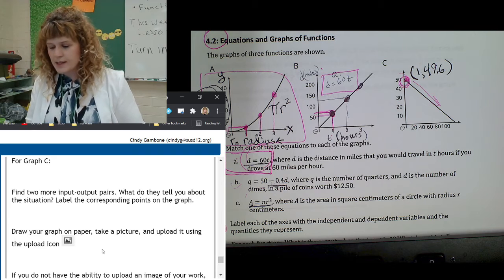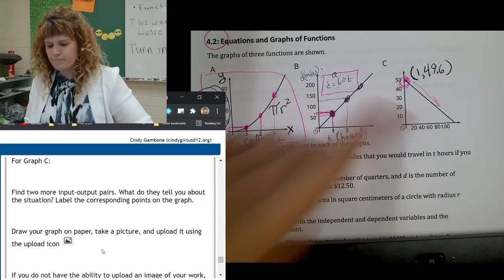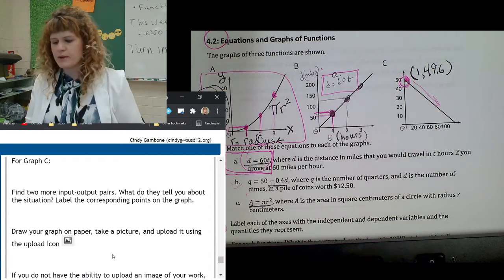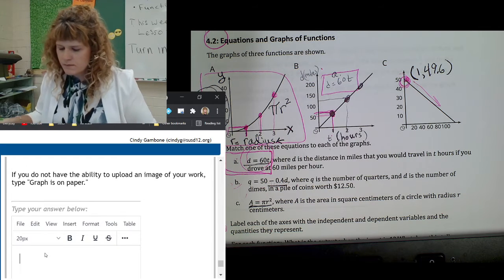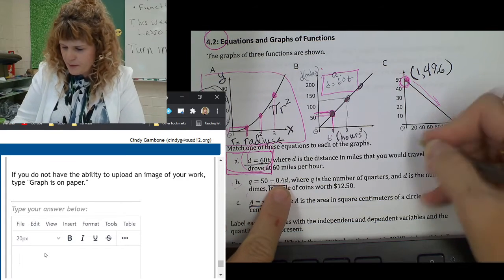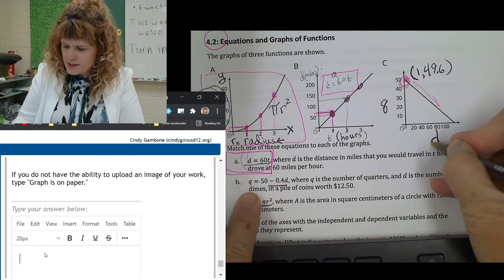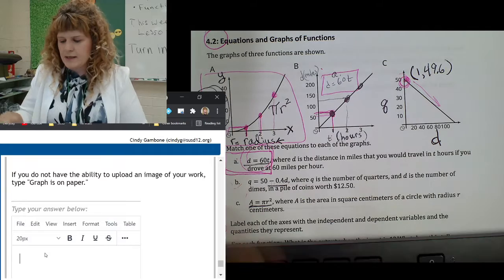Same thing for graph C. Let's do 20 and 40, 60, 80. What do you want to do? It's up to you. I'm going to label these variables real quick. This is D, this is Q. The input is D, that's the independent variable. Q is the dependent variable.